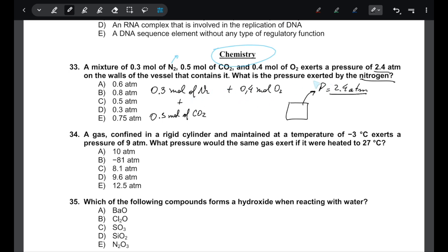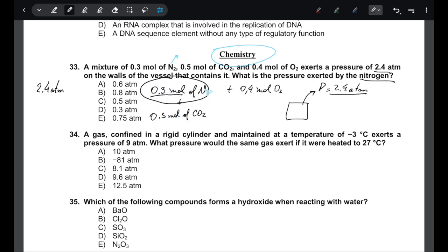The pressure exerted by the nitrogen is going to be proportional to the amount of moles of nitrogen. So if we have 2.4 atm as the total pressure, how much is going to be the total number of moles of molecules inside this vessel?